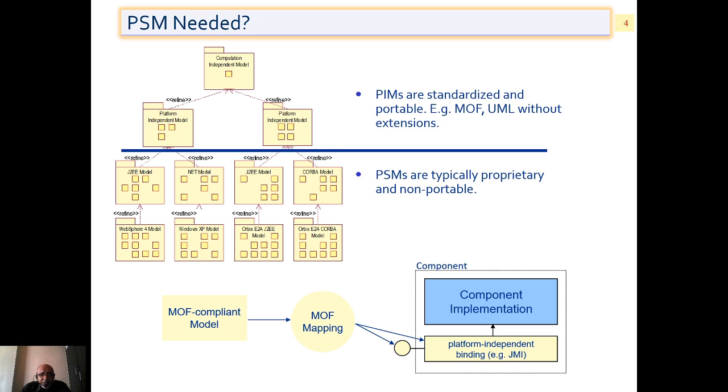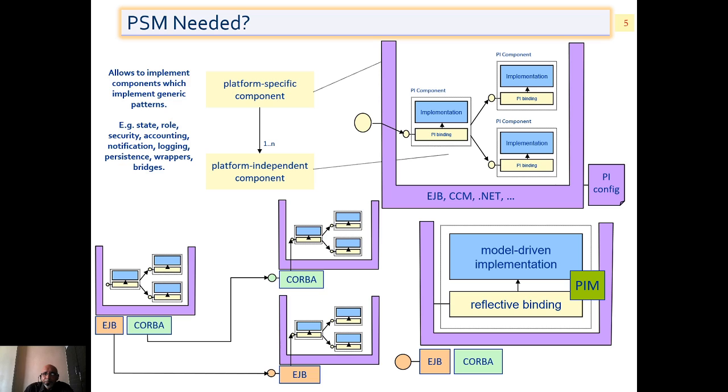And through that you have got the lollipop for indicating MOF mapping, and you create the MOF compliant model. So the source model, that is MOF compliant model, is transformed into MOF mapping and it is transformed into component implementation.